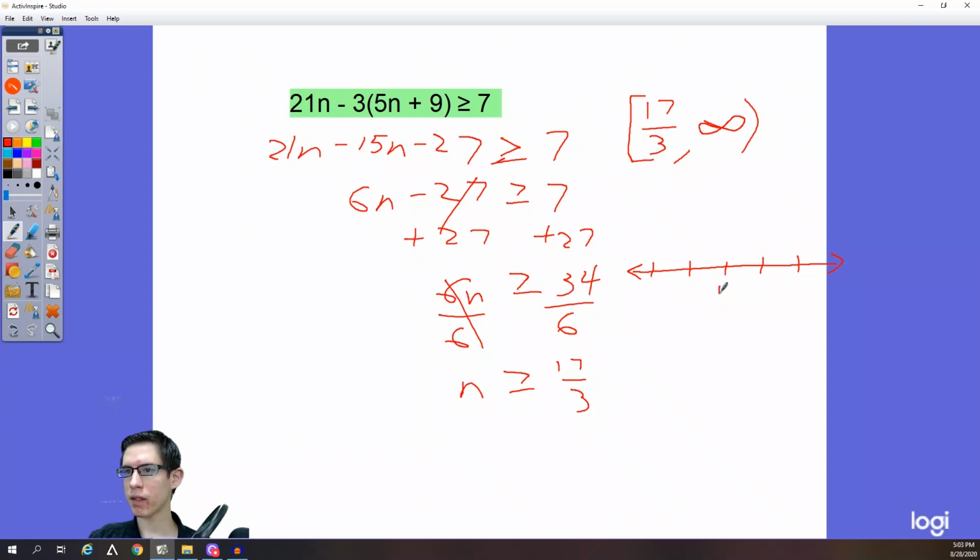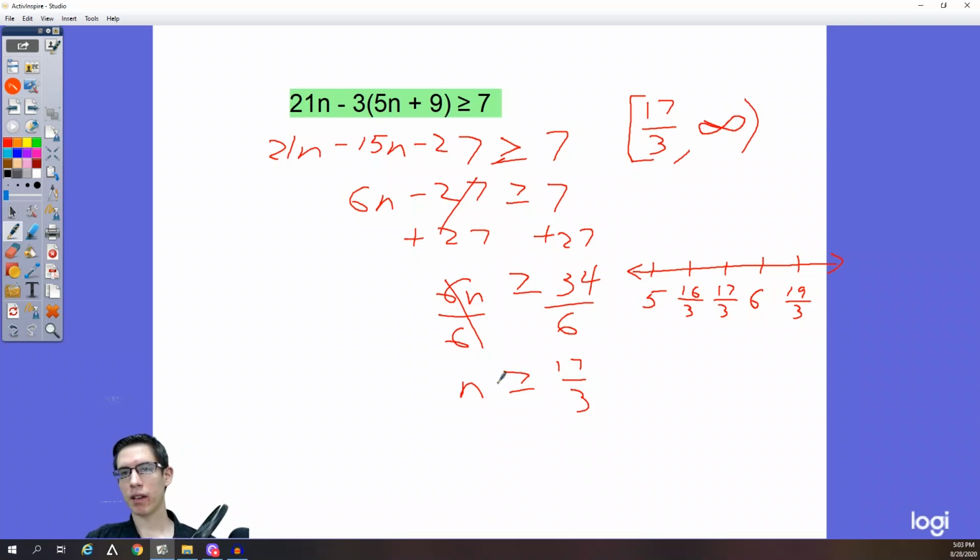So let me put 17 thirds here. We'll make this one 18 thirds or 6, and this one's going to be 19 thirds. This will be 16 thirds, and this will be 15 thirds or 5. Okay. Hopefully that makes sense.